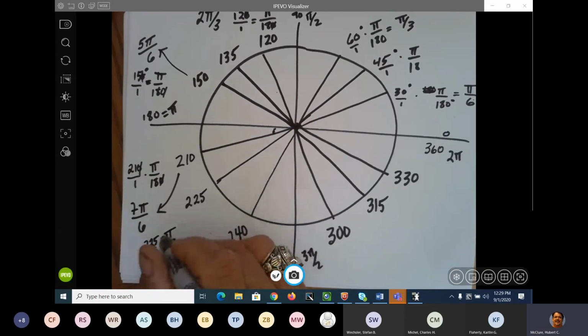Now you're going to have to divide by 5s, because one ends in 0 and one ends in 5. 5 will go into 225, 45 times, and 45 pi over 180. 5 will go in there 3 times, 36, 9 will go in there.